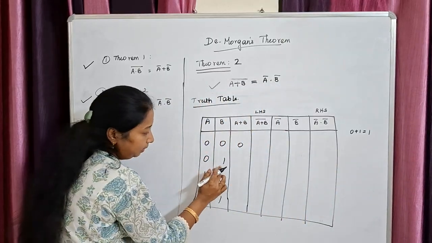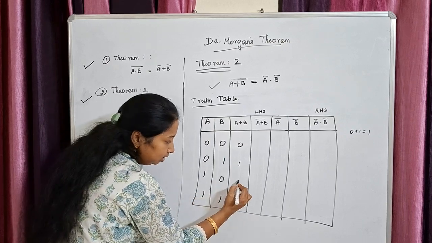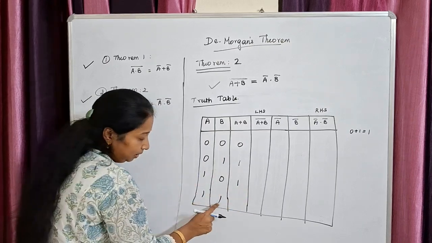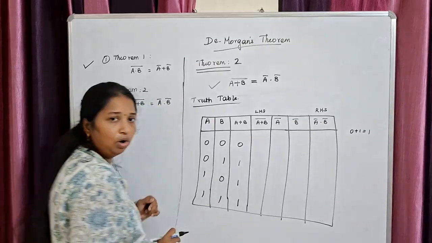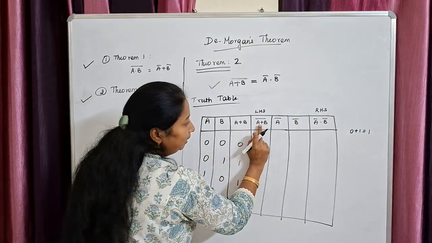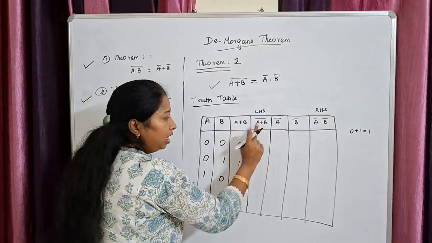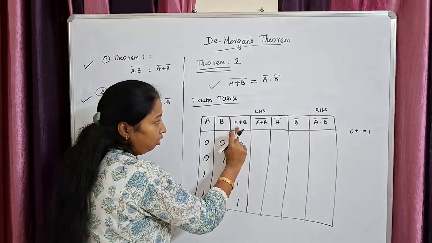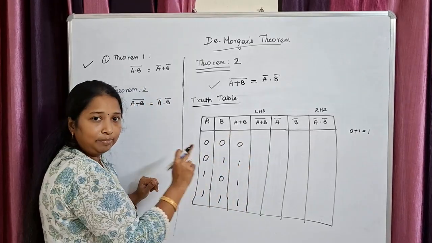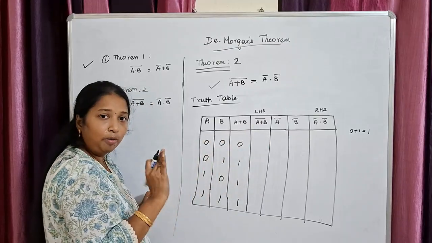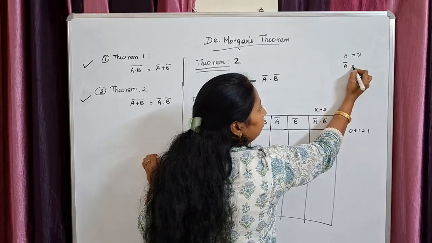Right? 1 plus 0 is 1. 1 plus 1 is again 1. Is it clear? Now, what is the next column? It is A plus B the whole bar. So what is the meaning of it? Whatever values I have for A plus B, I have to take a complement of it to get my A plus B the whole bar. Complement in the sense, if A is equal to 0, my A bar will become 1.